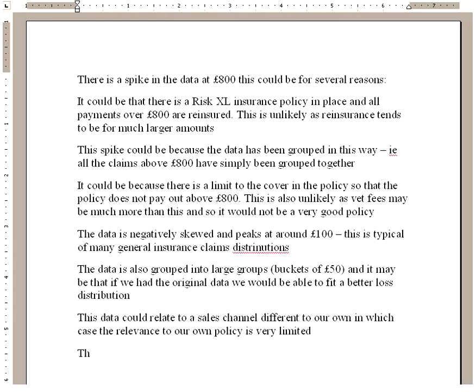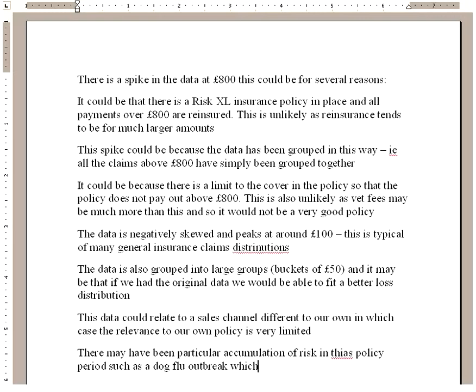Other things I can think of: there may have been particular relations of risk in this policy period, such as a dog flu outbreak, which would make this data unrepresentative.